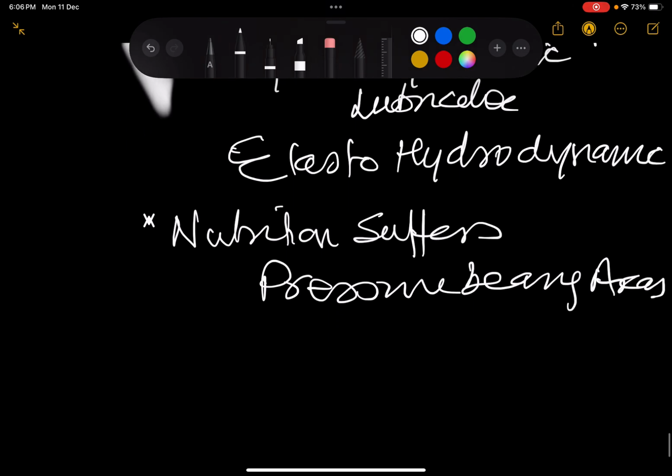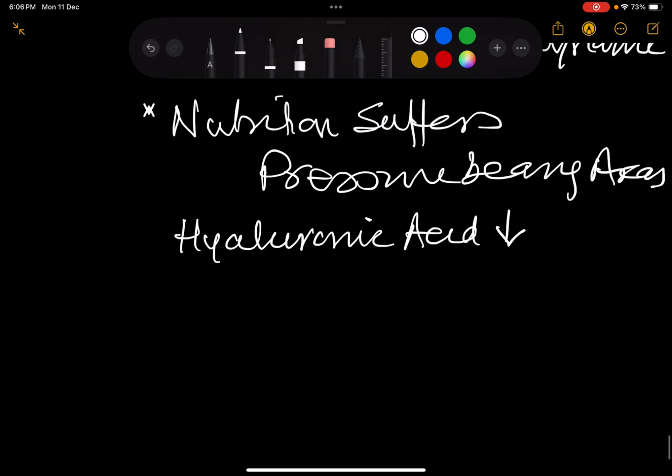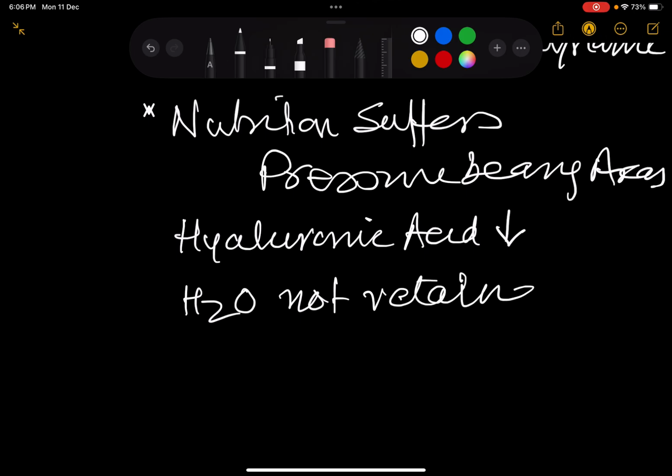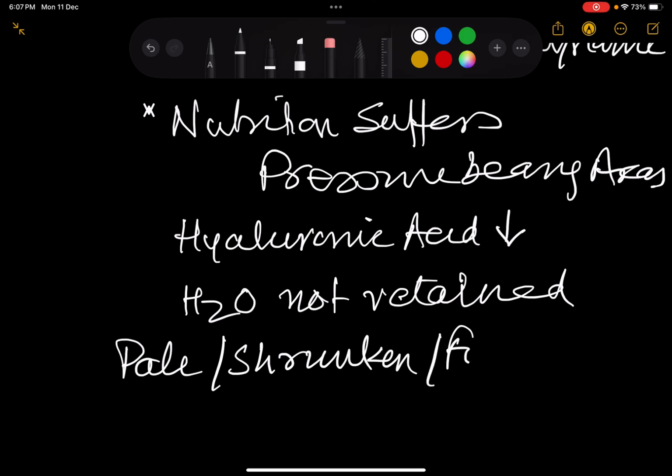Hyaluronic acid decreases, and because of the decrease of the hyaluronic acid, water is not retained. The cartilage becomes pale, shrunken, fibrillar, and can be easily rubbed off.